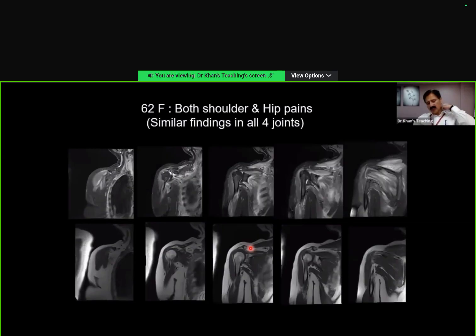Now, myositis is another thing which you can relate with spondyloarthropathy, because myositis comes under the domain of rheumatologists, and they will send us cases to rule out myositis. So these also are viva questions and exam questions.